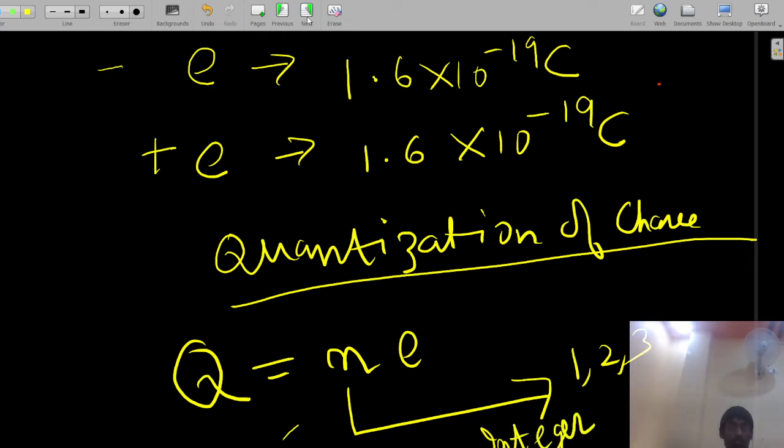It can be only an integer value in the free state, but in the combined state, in quarks or gluons, it can occur as a fraction.